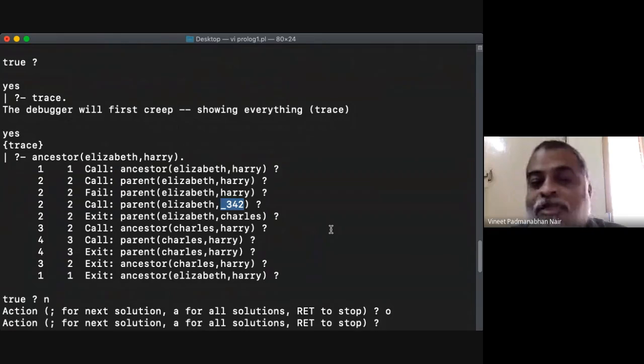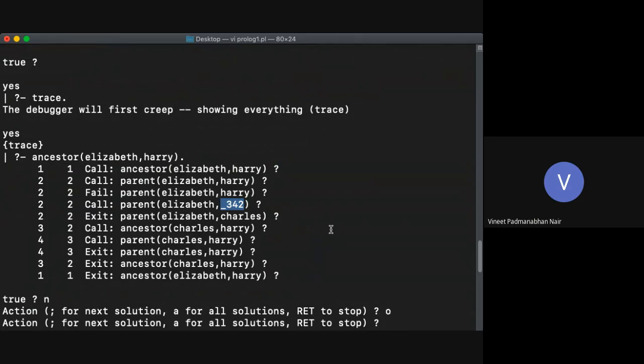So the X and Y which you have given is for the Prolog interpreter to understand. It will initialize it in some internal way, that is underscore 342. Is Elizabeth the parent of some X or Y? Yes, Elizabeth is the parent of this.